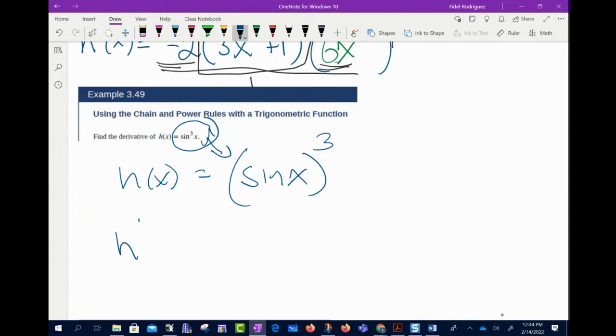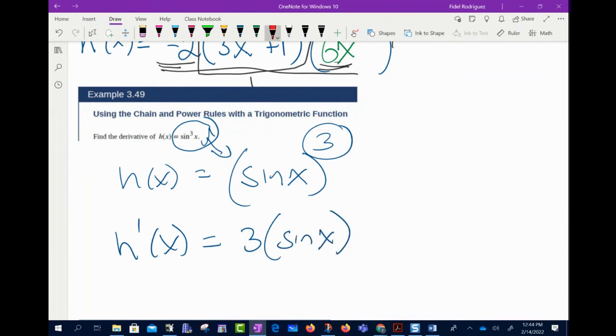Okay, so now look, if we were to find the derivative, we're going to do the same thing. We're going to bring the 3 down to the front. We're going to subtract this power by 1. That's going to give me 2. And then I'm going to ask you all a question. You got to take the derivative of what's inside. We did this on Wednesday last week. Yeah, remember the derivative of sine was, what did you say, John? Cosine x.